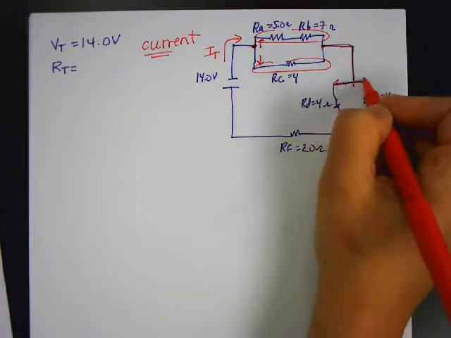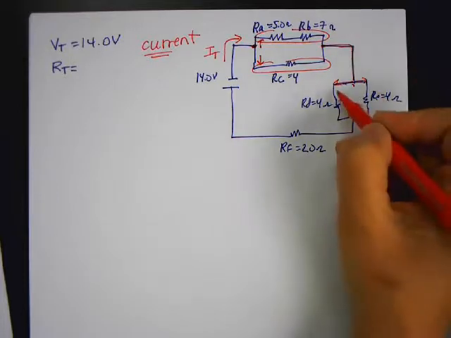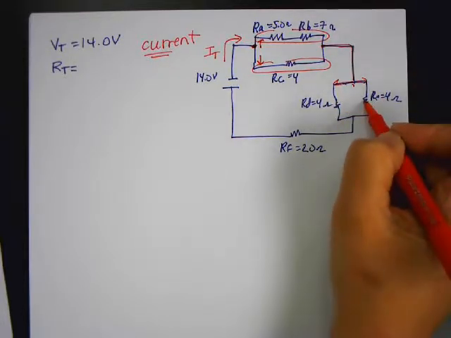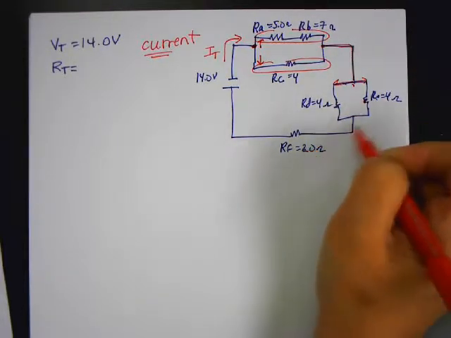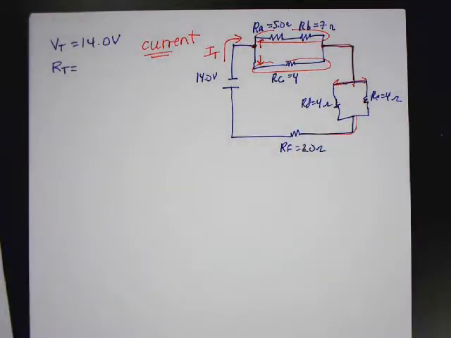Does it split again here and here? So that means this and this are in parallel with one another. And then it comes together again. So it's kind of like when you're doing circuits, when you want to simplify to get an equivalent resistor, it's like order of operations in math. You just have to practice till you know what goes first.